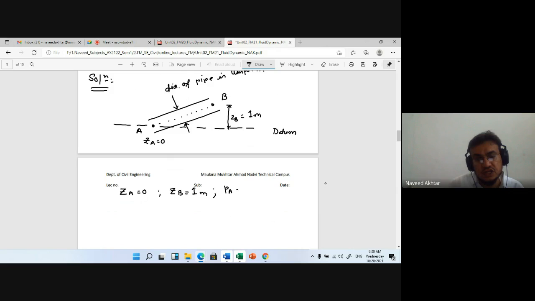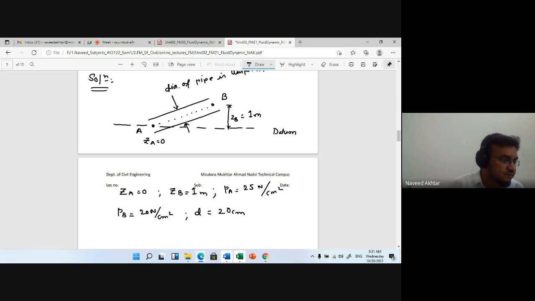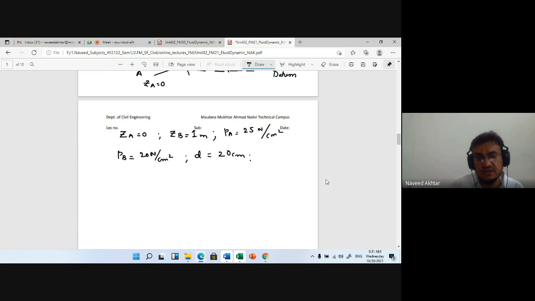Pressure at A is given as 25 Newton per centimeter square. Pressure at B is given as 20 Newton per centimeter square. The diameter of the pipe is 20 centimeter, and velocity V is 20 meter per second.